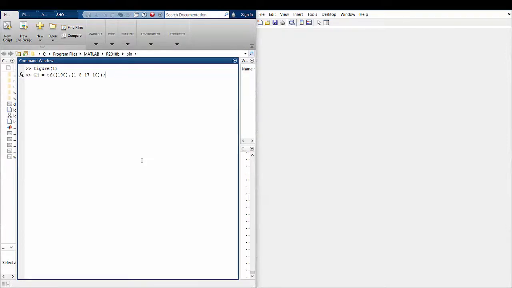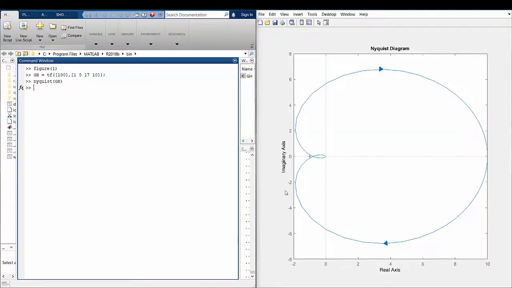When we multiply these three terms, we get s cube plus 8s square plus 17s plus 10. So this becomes the denominator. And then Nyquist of the transfer function GH. So this is how the plot looks. This is the exact plot which we get from the given problem when we plot it in MATLAB.